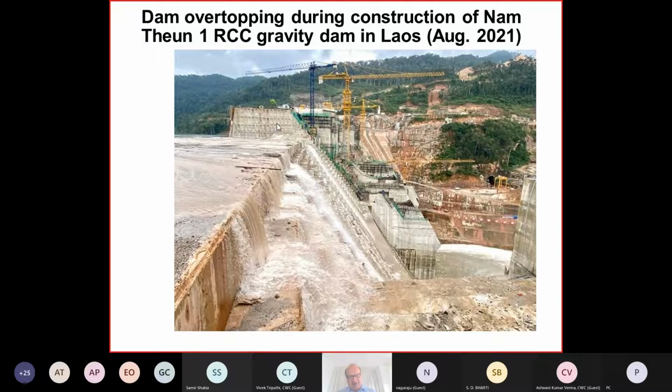Basically, the shear keys you would provide to limit relative displacements between blocks due to seismic action. So there are these shear keys along these block joints. So this is in Laos.